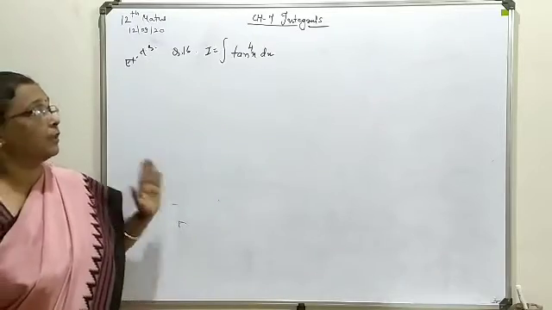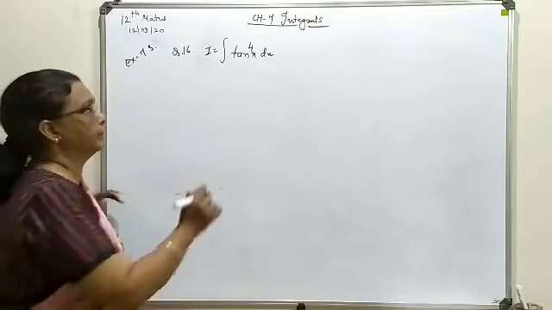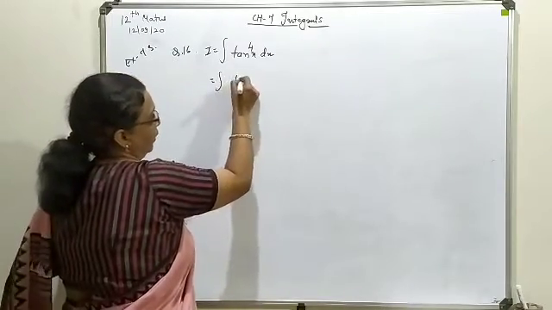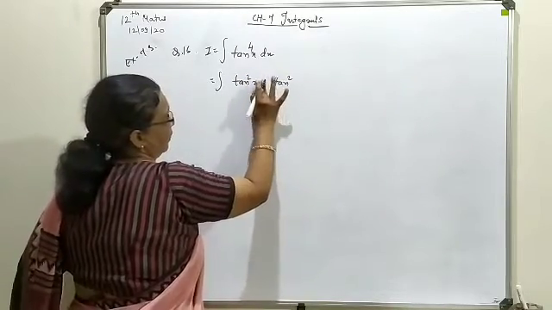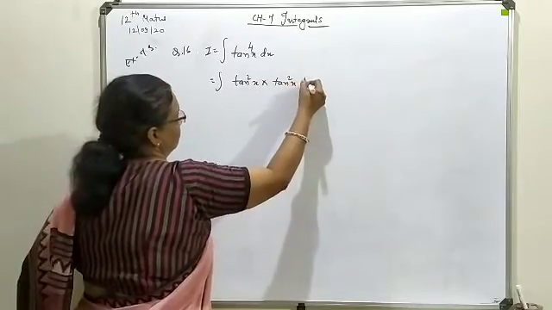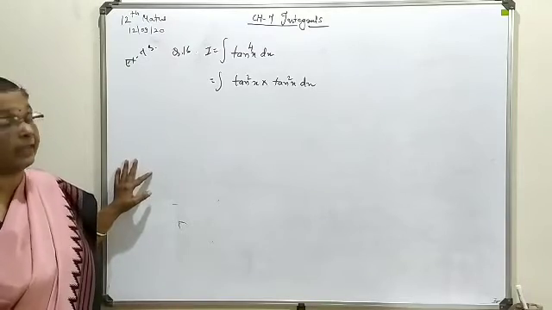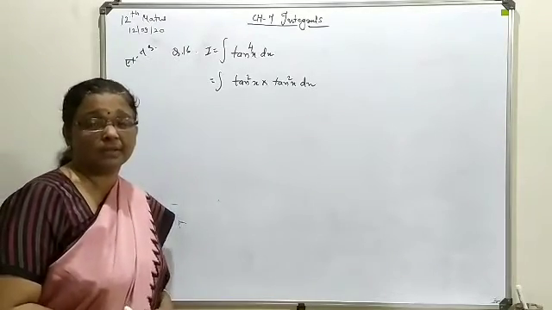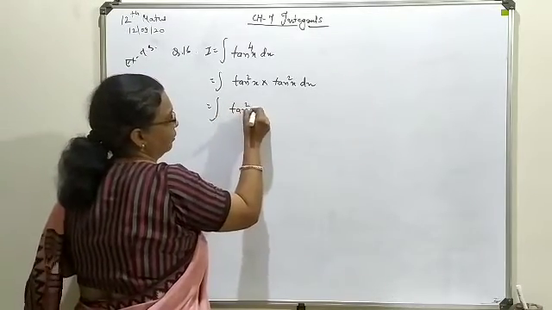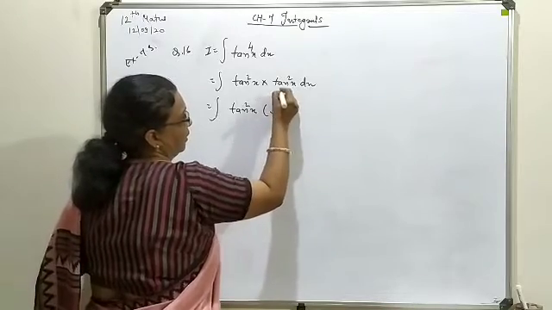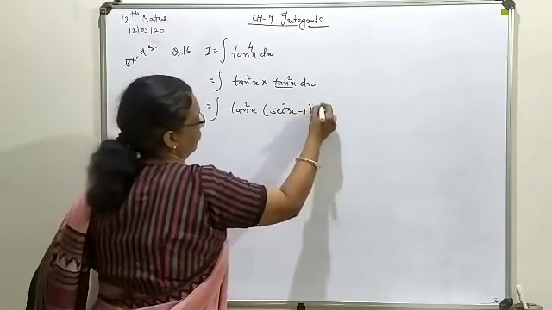Now first this tan 4 we will split as tan square into tan square. This is also one of the important forms. Now any one of the tan square we write as sec square minus 1. Anyone it can be, but both you don't turn. This one we are going to turn as sec square x minus 1.